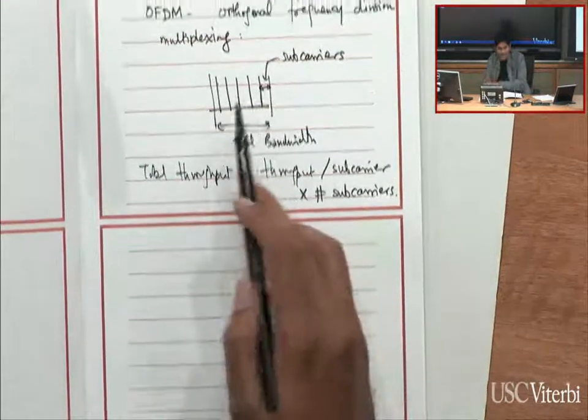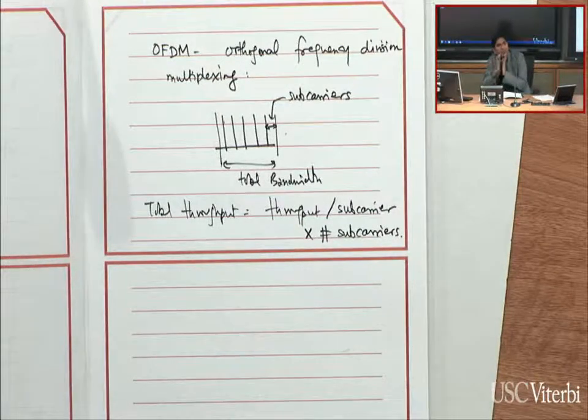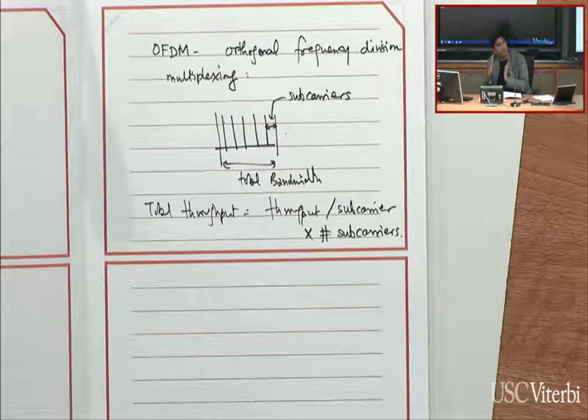But by cutting it so that each subcarrier is only carrying a lower rate stream, the symbol duration for each one of those is made larger, and now you get more robustness to the interference from the previous symbol.